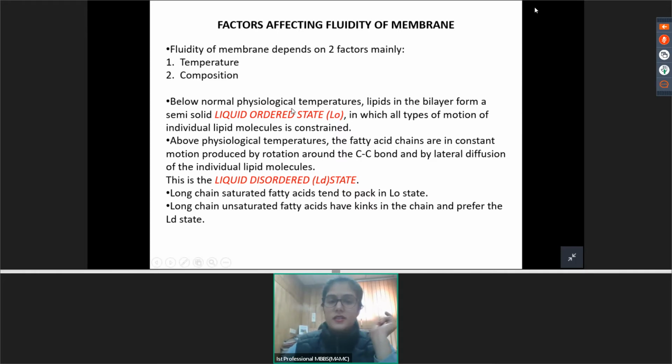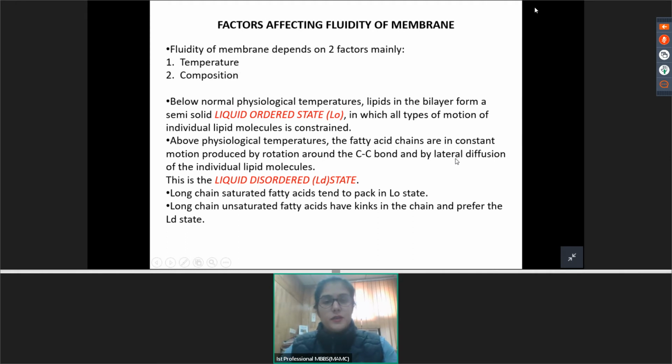So in the liquid ordered state, the lipids in the bilayer are in a constrained arrangement. Above physiological temperatures, the fatty acid chains are in constant motion produced by rotation around the C-C bond and by lateral diffusion.